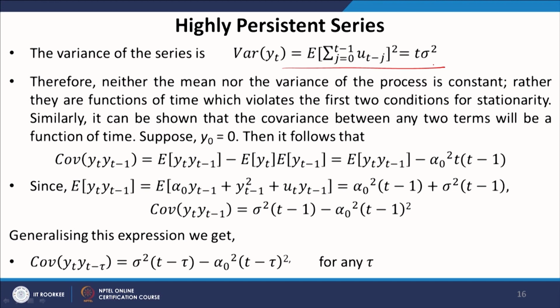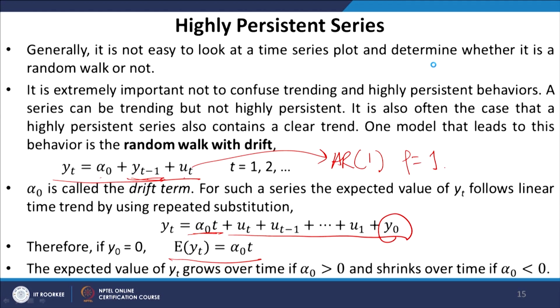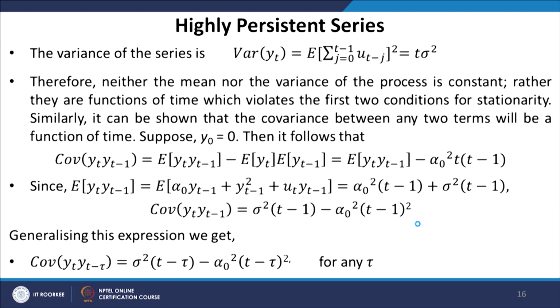The variance of the series is the variance of yt, which equals the expected value of the sum over j equals 0 to t minus 1 of ut minus j, whole square. This is so because the other components, like alpha naught t, are constant and cannot have any variance, and y naught is assumed to be 0, so it also does not have any variance.